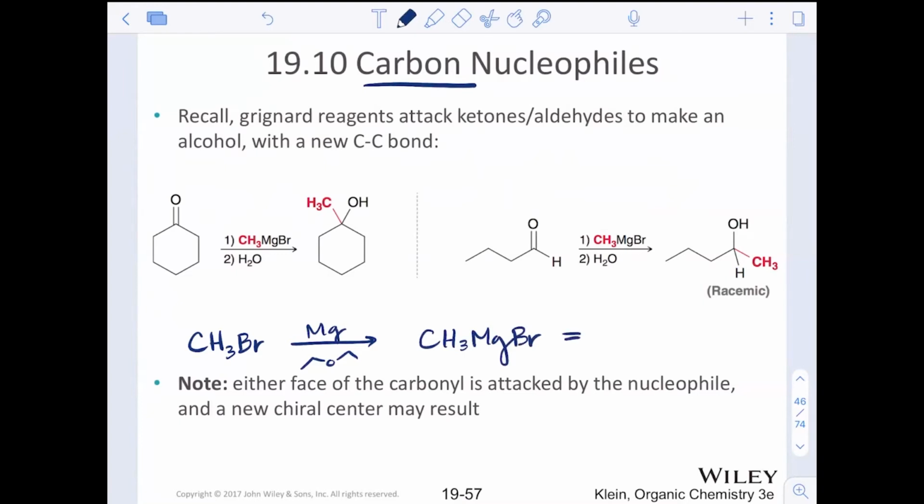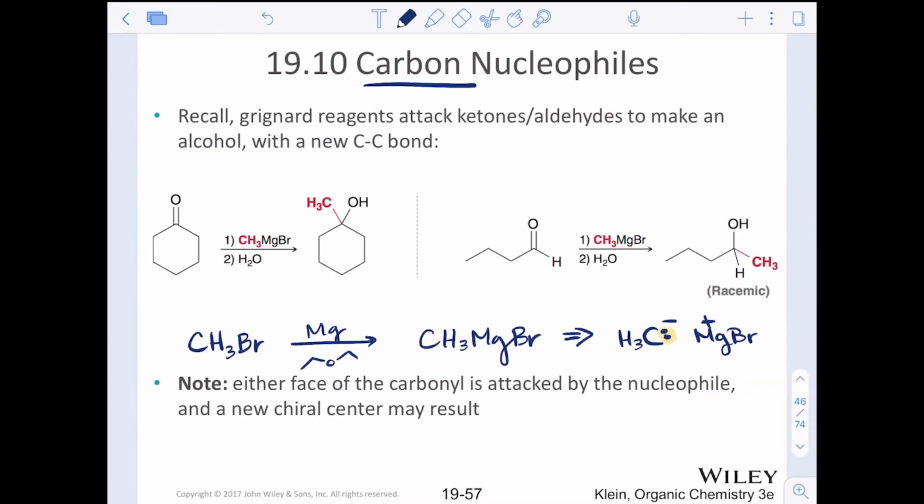Now, what this Grignard reagent actually is, it's a carbon with a negative charge. I'm just going to flip that carbon around so we can actually see the ionic bond between carbon and magnesium. This is a very, very reactive nucleophile. And so that carbon nucleophile is going to be our basic reagent, right?